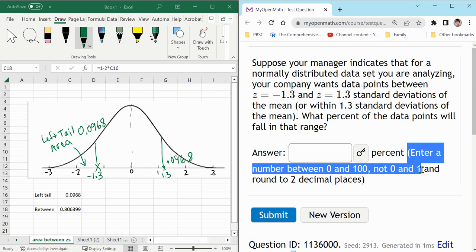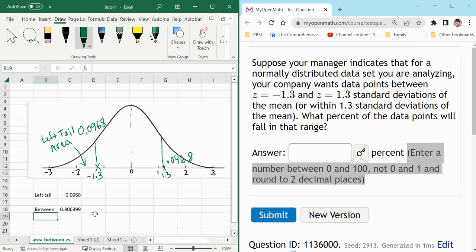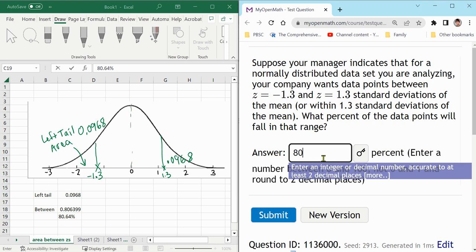It's just reminding us that we want to give the answer as a percent rather than a probability in decimal form. And then we also want to round to 2 decimal places. So after converting this to a percent, 80.64% would be 2 decimal places. Okay, so that should be our answer.